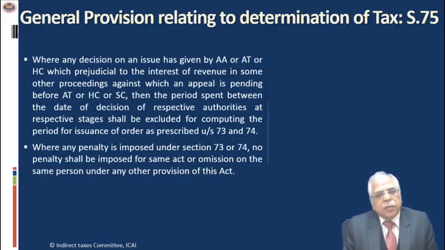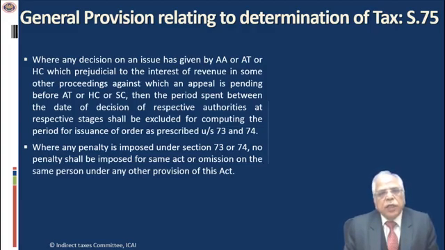Now, this is a concept, I will not read it, you can go through this slide itself, but this is a concept which is similar to call book. For example, there is one decision taken by an assessee, and then the department has gone in appeal, wherein the appeal has been decided against the revenue, and the appeal has been further filed before the appellate authorities. Then if the department wants to suspend the proceedings, which is called call book, a similar kind of proposition has been provided in the GST law also.